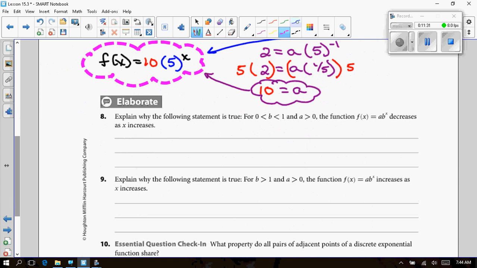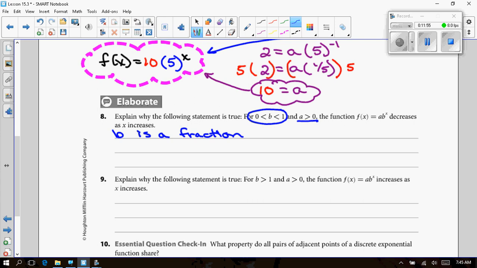So I want you to think about, what kind of b values are we talking about with it being between 0 and 1? Pause here a second, think about it. So I know that b, because it's between 0 and 1, must be a fraction. And the a value we know has got to be something bigger than 0.